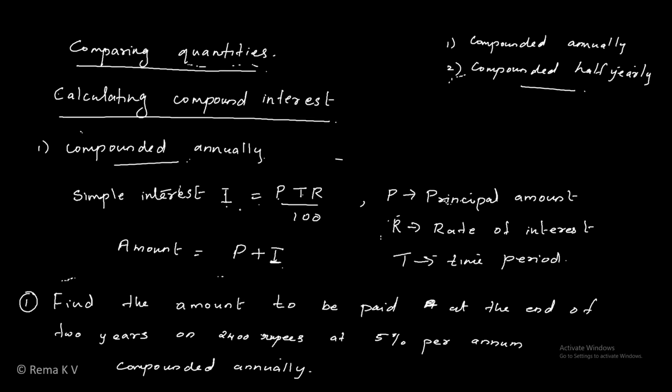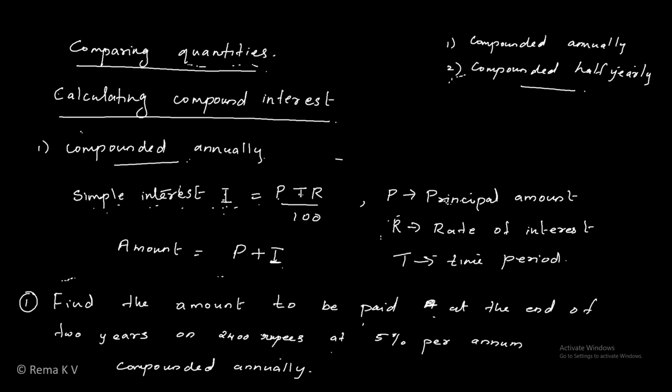If the interest is calculated using simple interest, you know that here the principal amount P is 2,400, rate is 5%, that is 5 by 100, and time period is 2 years.